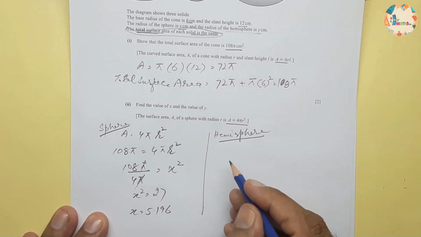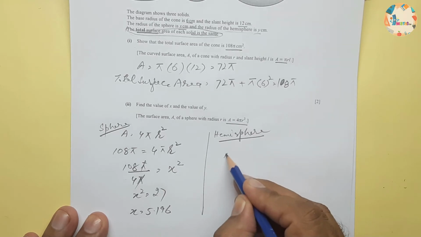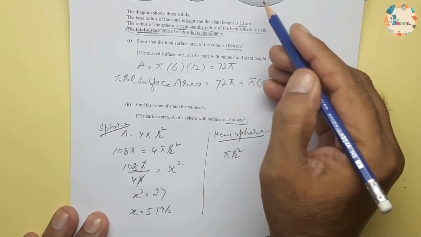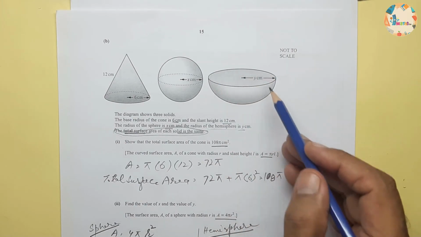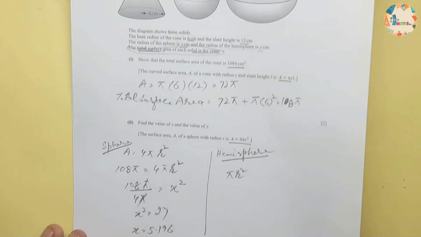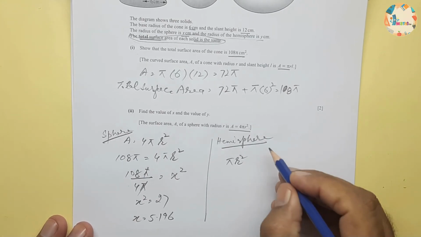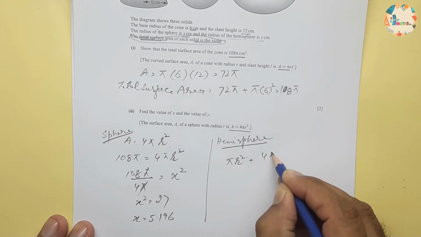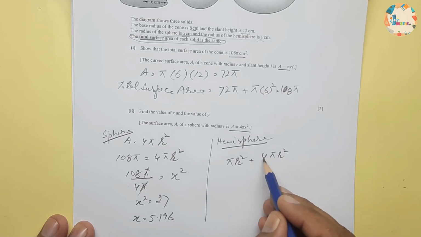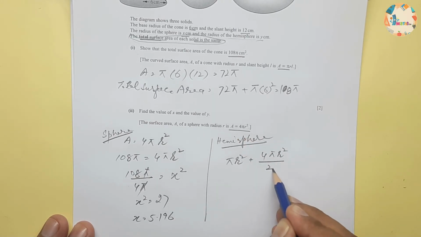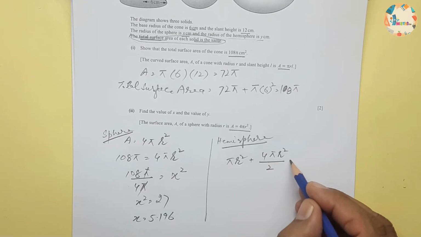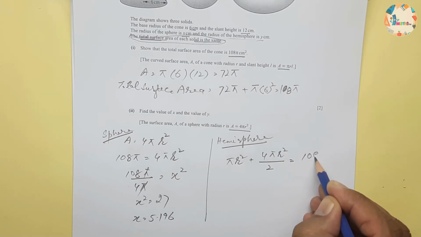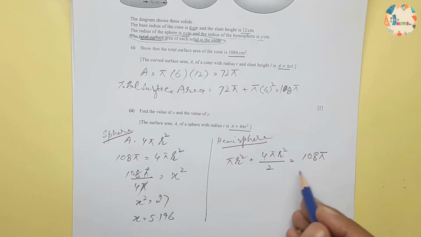In case of the hemisphere, the surface area will be pi r squared, which is this circular top portion, plus half of the surface area of the sphere, which is 4 pi r squared, so we divide this by 2, because this is a hemisphere. Now we can simplify, and this will be equal to 108 pi, which is also given.